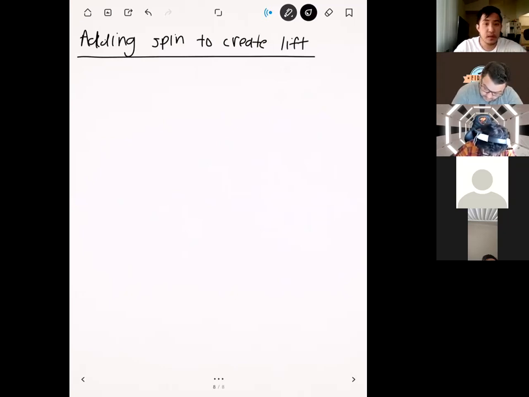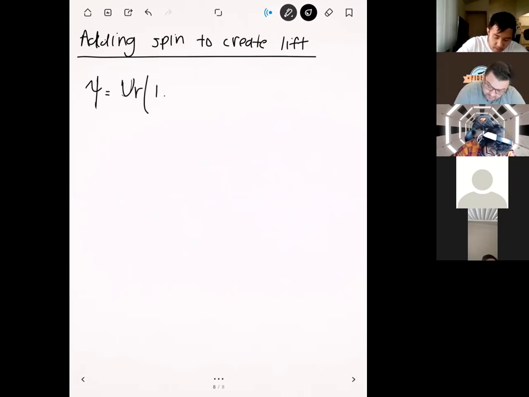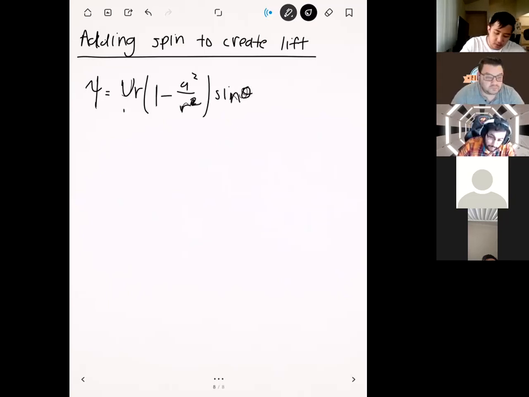Let's take our stream function for flow around a cylinder. Our stream function for that was U times R times (1 minus A squared over R squared) sine theta. So here was our flow around a cylinder.